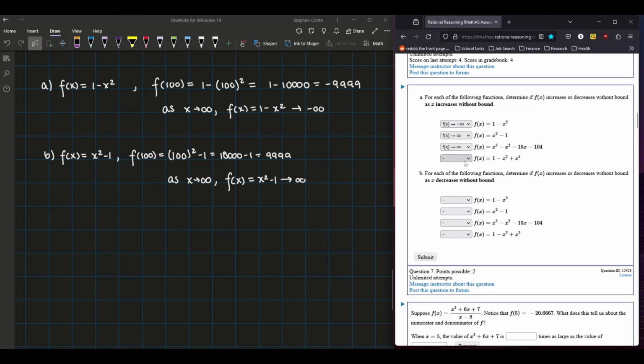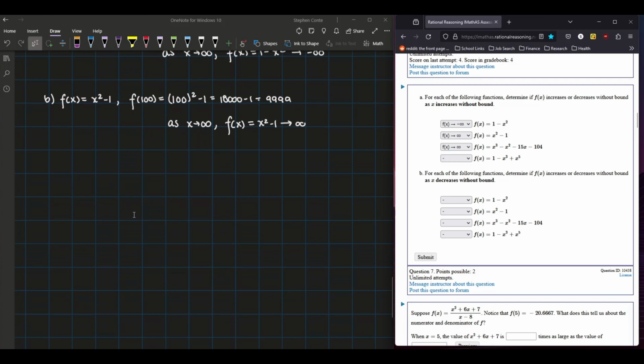X cubed is the same way. The reason for that is because x cubed is the dominating leading term here. It grows at a faster rate than x squared, so it's greater than x squared. It's also greater than negative 15x. It's also greater than negative 104.